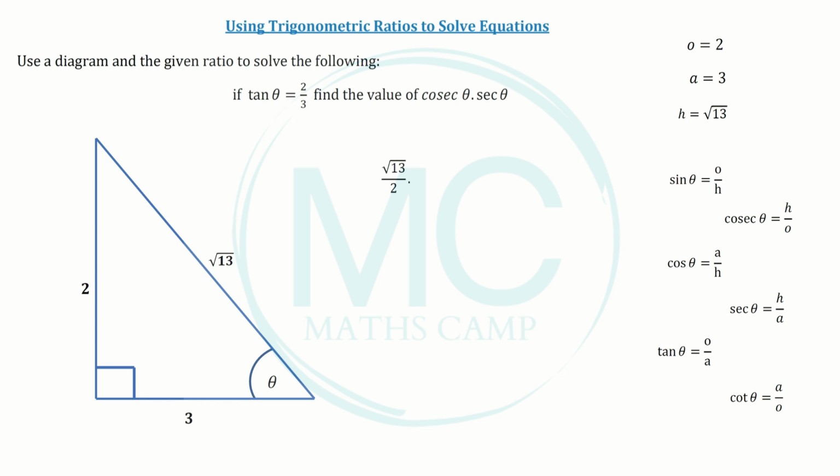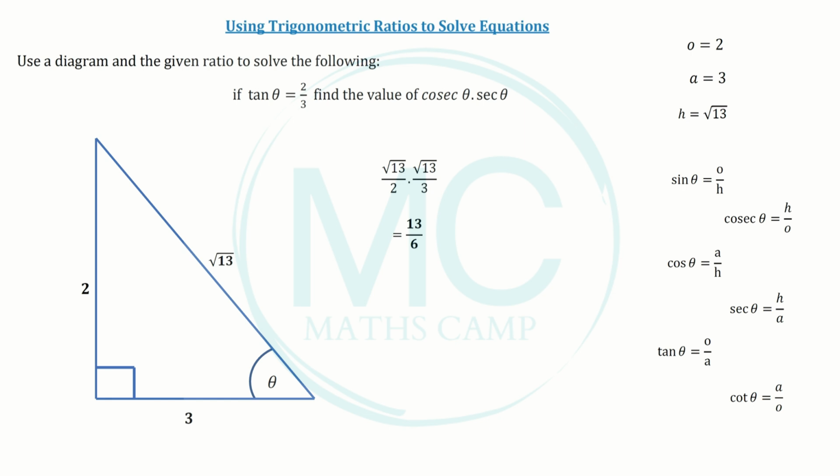Our hypotenuse is root 13 over the adjacent, which is 3. Now we can multiply our values together. Root 13 multiplied by root 13 becomes root 13 squared. The square and the root will cancel, and we're left with 13 over 2 multiplied by 3, which is 6.